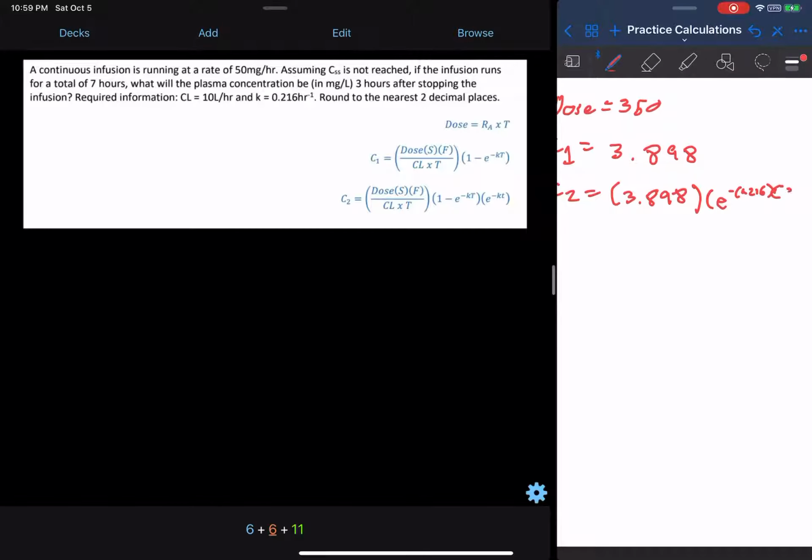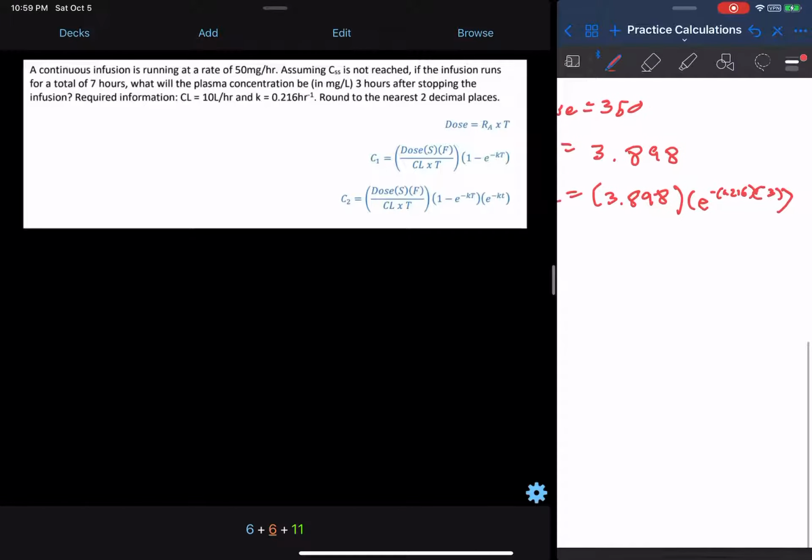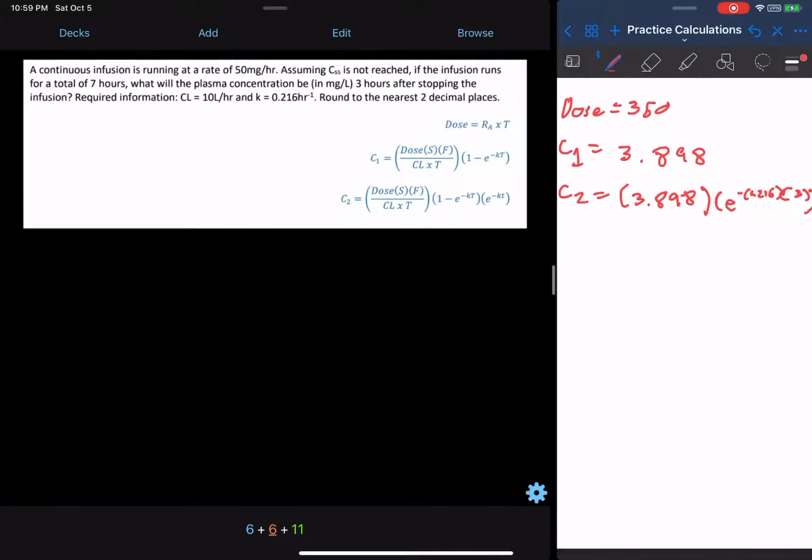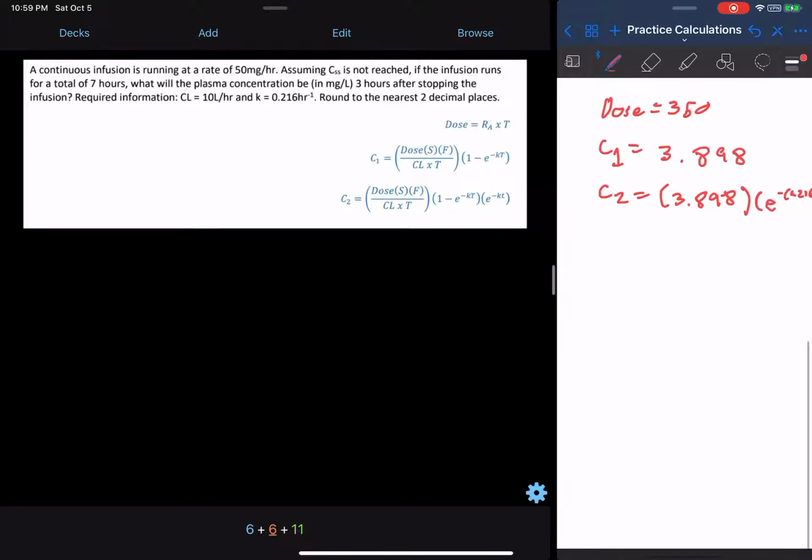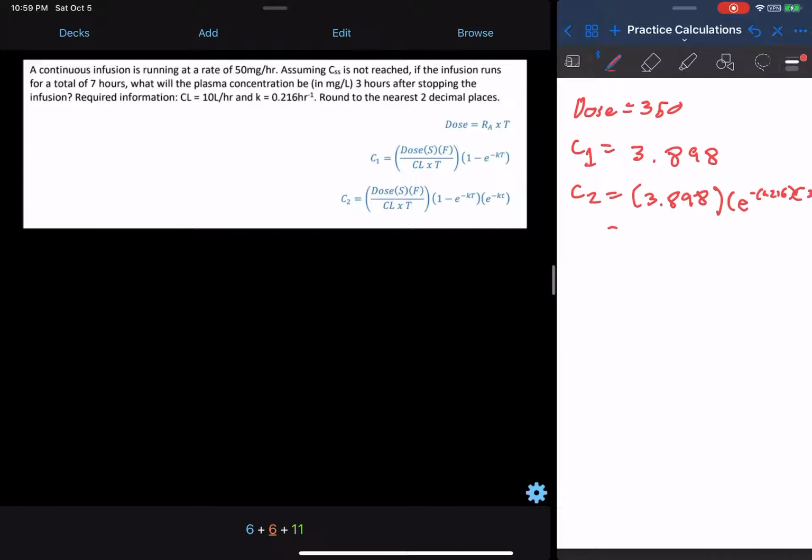So I think this includes the 3 hours after stopping. Multiply by e to the negative 16 times 3. So I came out to about, I'll show you guys right here, 2.04.